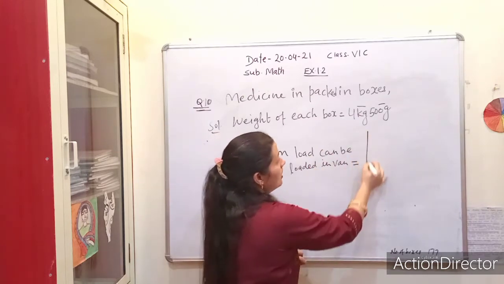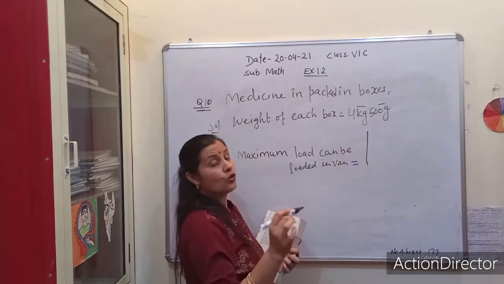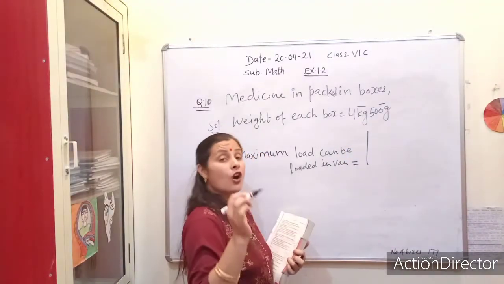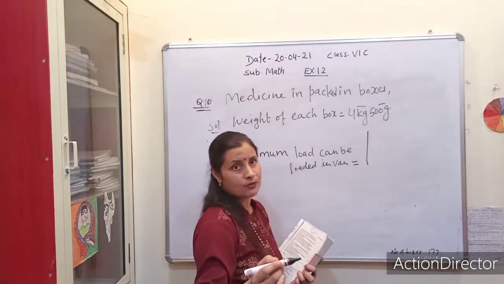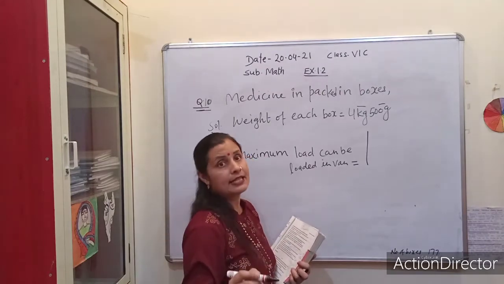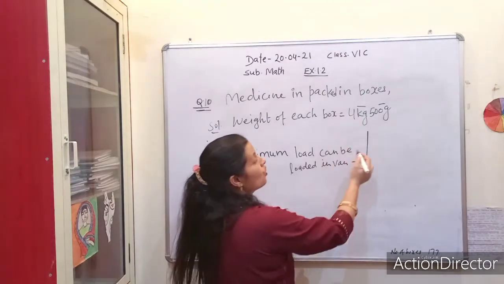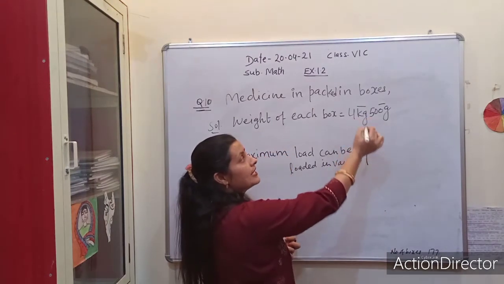Okay beta? So let's do 4 kg. As I told you, always convert the bigger unit into the smaller, because multiplication is easier than division. For this we have to know the relation between kg and gram.